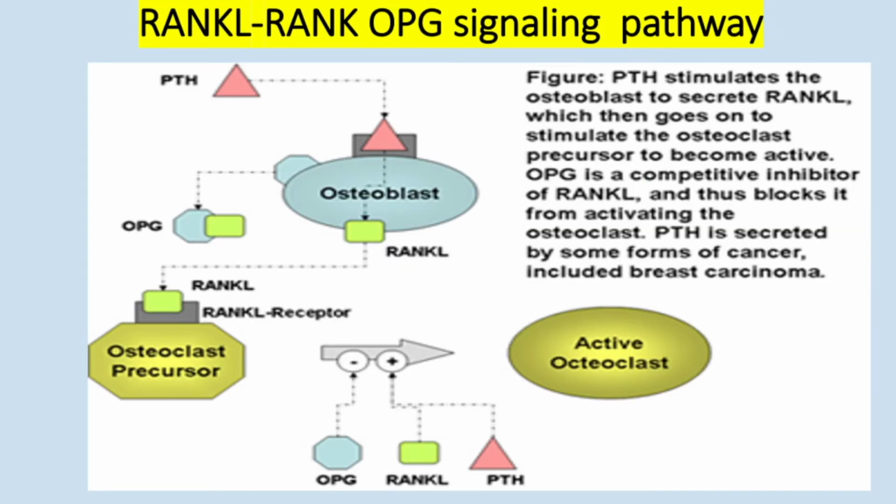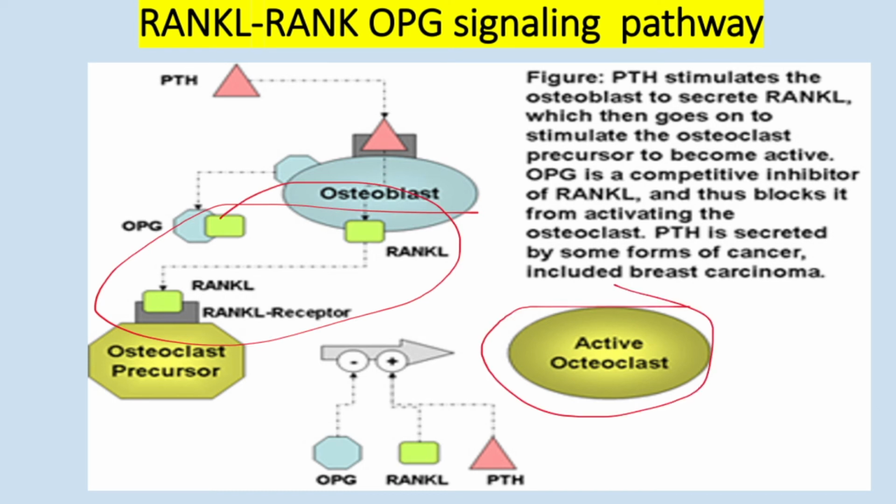The parathyroid hormone stimulates osteoblasts to secrete more RANKL, and when RANKL binds with the RANK receptor on the osteoclast precursors, the activation of the osteoclast takes place and more bone gets resorbed. That is the breakdown of the bones. And OPG inhibits osteoclast activity.